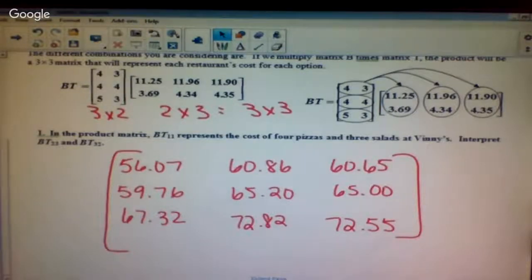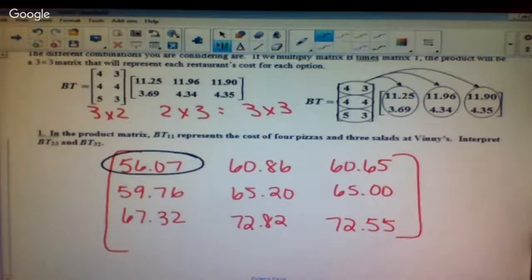So, in the product matrix, BT, that means you took matrix B times matrix T. The one that is in position 1, 1, $56.07, this number right here represents the cost of 4 pizzas and 3 salads at Vinny's. Okay, you did 4 pizzas and 3 salads and multiplied it against that row.